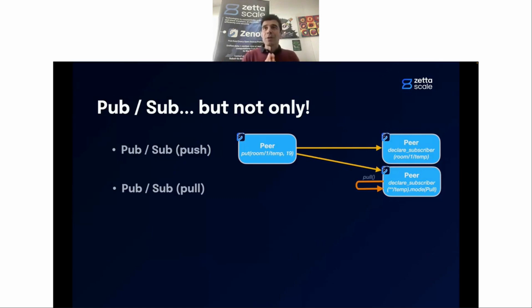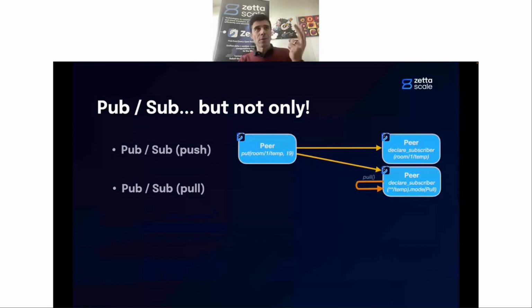Pull subscriptions are super important for devices that undergo duty cycle. That way we can support both devices that want to be triggered as soon as there is new data published somewhere on the network, as well as devices that are under duty cycle, and they decide when to eventually recover data that was published. From where do they get this data? It depends. And as we will see, in general, Zenoh is smart enough to cache this data in the closest infrastructural node to the pulling subscriber.